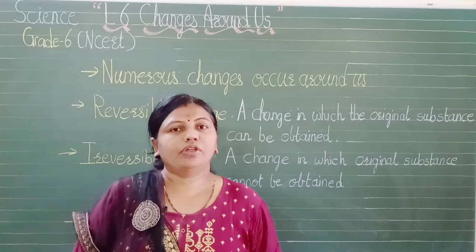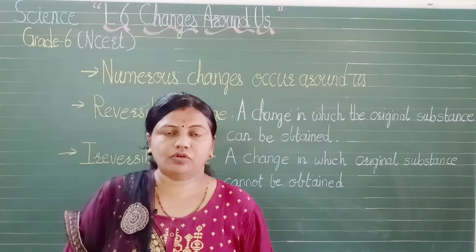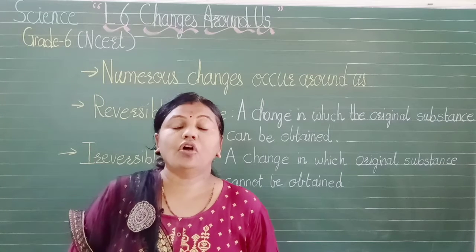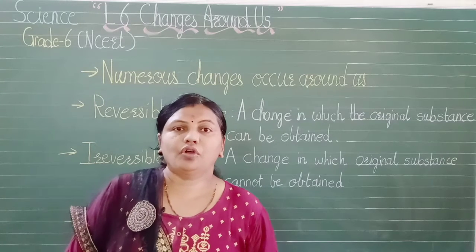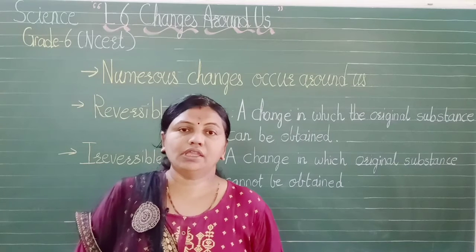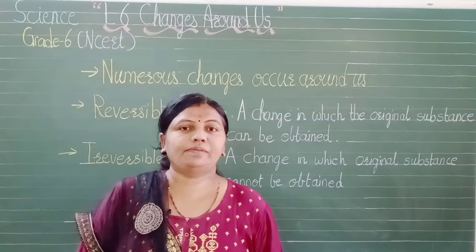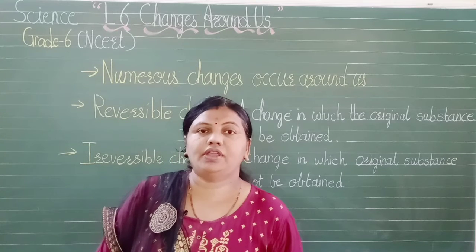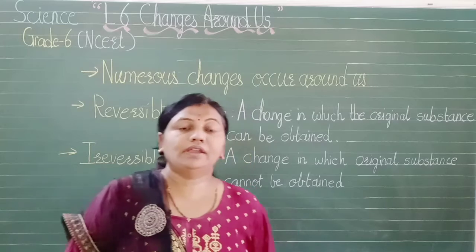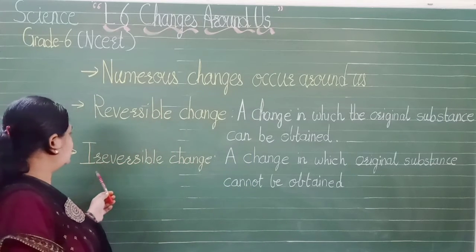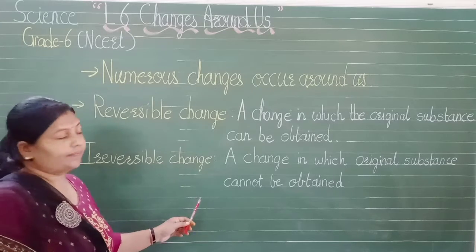But now if you make a cut over it or make a certain kind of design, or you tear out that toy of paper boat or balloon, then again the same size of paper will not be available. So the things which cannot be obtained back in its original shape are known as irreversible change.